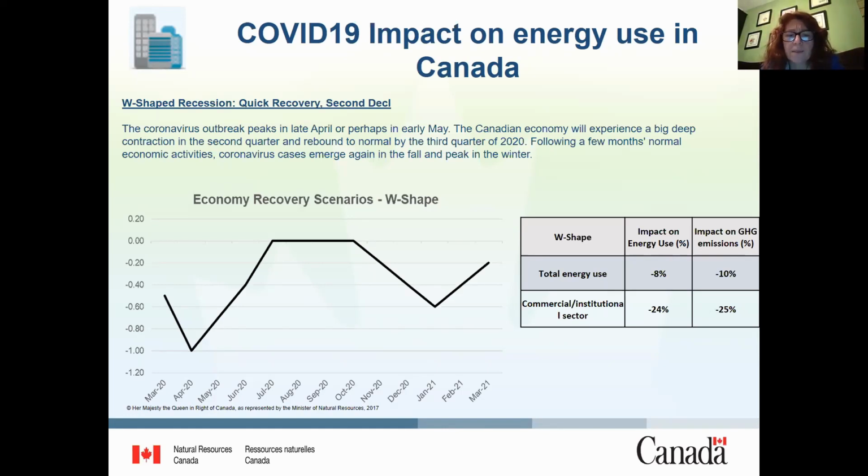There was a coronavirus outbreak peak in late April, early May, and then we started to recover in the summer, and now we are in the second wave. The impact is estimated at about 24% decline in energy use, and about 25% in GHG emission in the commercial and institutional sector.